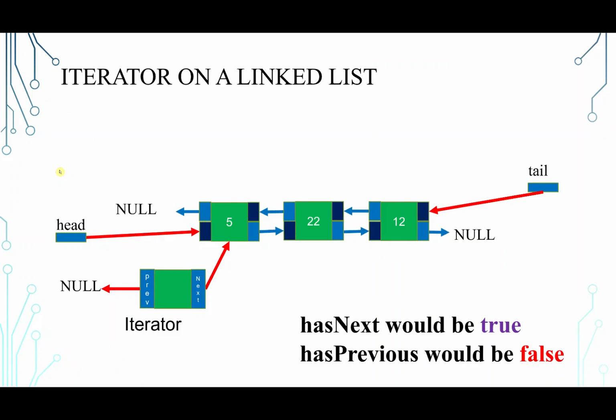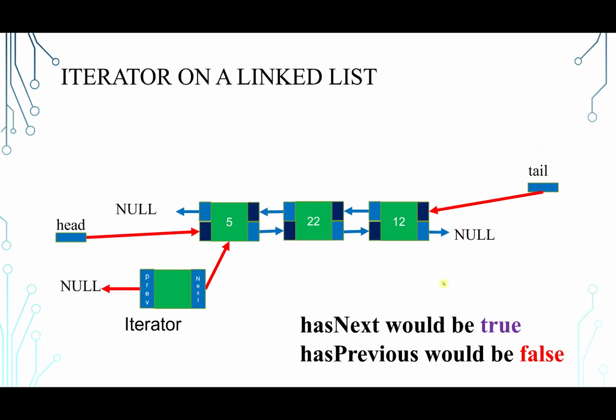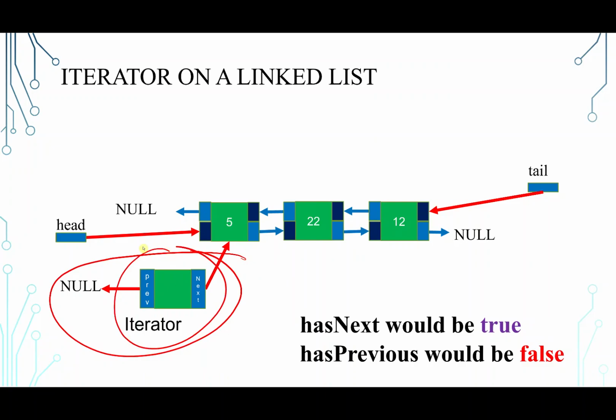So the iterator on a linked list. If we have this linked list with those elements, the first pointer points to null, as I said, the last pointer points to null, as I said, this is next and this is previous, and we have head and tail. So the iterator is going to be exactly a node, it's like current in a singly linked list, right? Something like that. So the iterator is pointing to this.